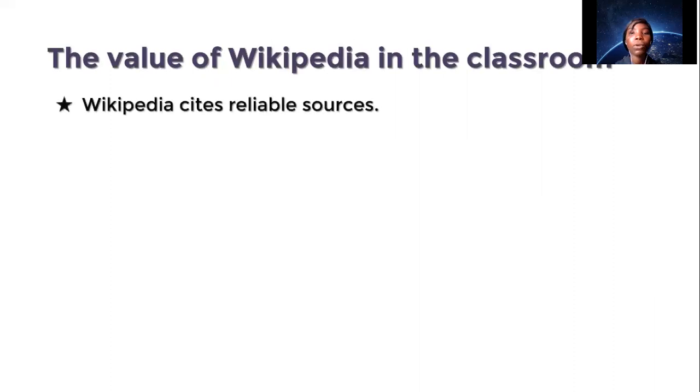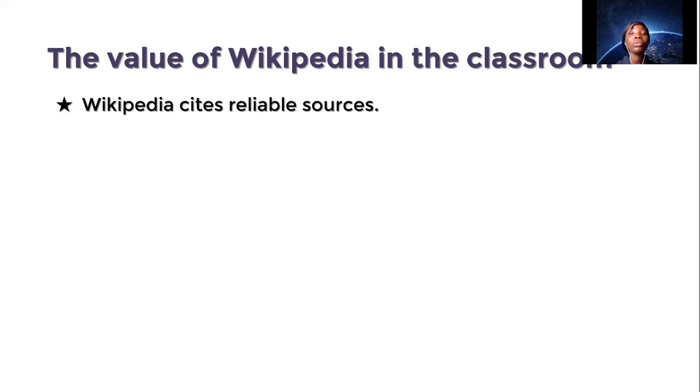So the value of Wikipedia in the classroom. The first one here says Wikipedia cites reliable sources. Like I said earlier, Wikipedia only makes use of reliable secondary sources, which can be gotten from online news media like the Punch, that are dailies.